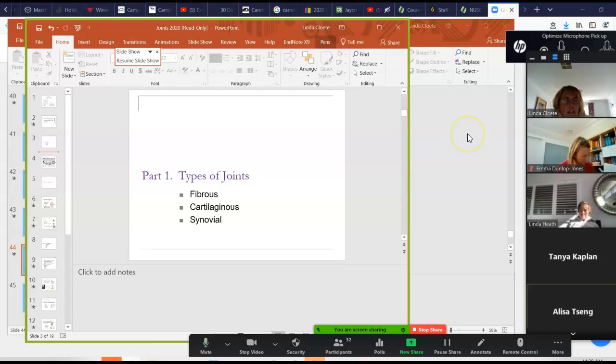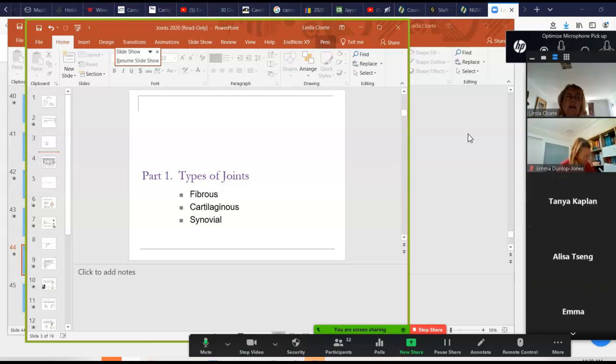Hyaline cartilage is generally the cartilage that covers the end of long bones, and it's normally in ball and socket or hinge joints. Whereas your fibrous cartilage is a much thicker, denser, much stronger cartilage, and it normally occurs in the intervertebral discs and also in the symphysis pubis.